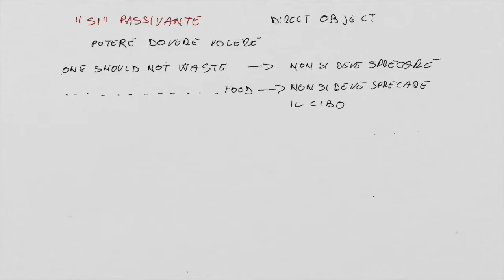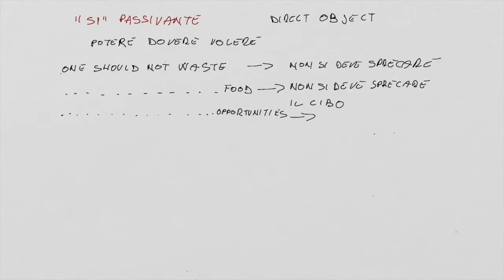Let's see now the last example. One, you, we, people, they shouldn't waste opportunities. In this case, we have a direct object, opportunities. Shouldn't waste what? Opportunities. And it is plural. So I have to remember in this case to use si with the third plural person of the verb.